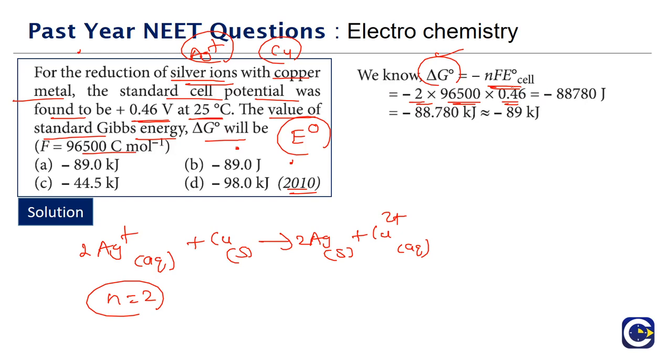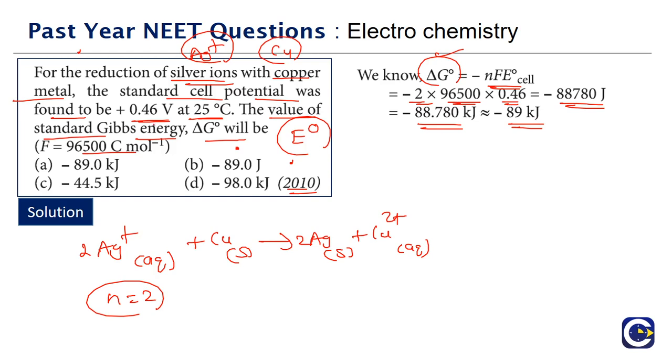If we substitute these values, on multiplication this will come close to minus 88,780 joule. If you convert this into kilojoules, because they are giving in kilojoules, that will be minus 88.78 kilojoule, approximately minus 89 kilojoule.